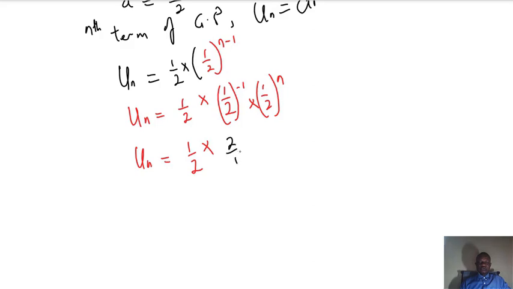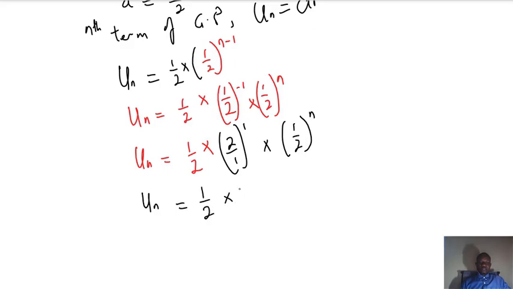So it's going to be 2 over 1 exponent positive 1, then times 1 over 2 exponent n. So Un is equal to 1 over 2 times 2, then times 1 over 2 exponent n.